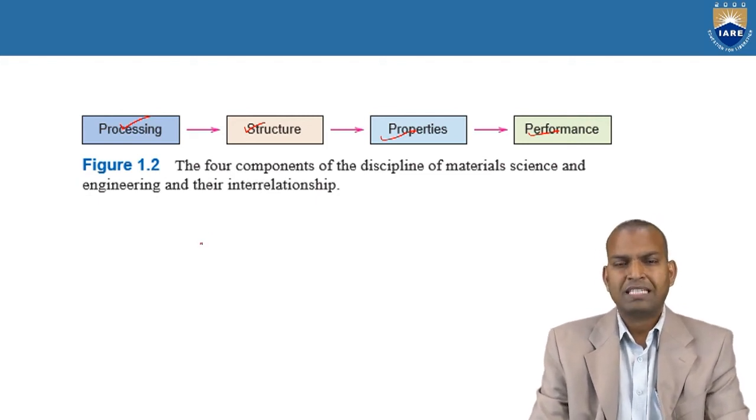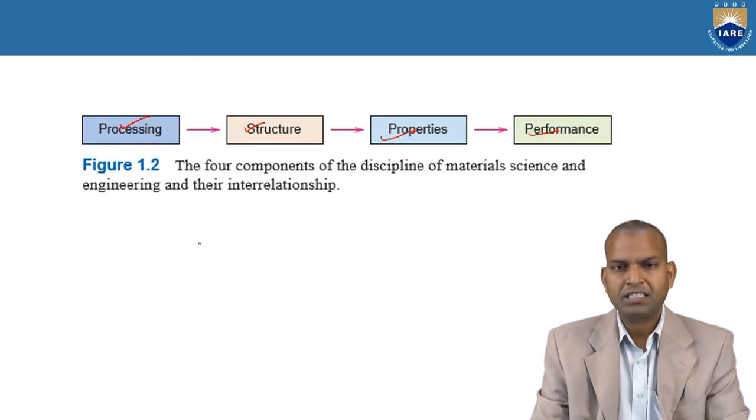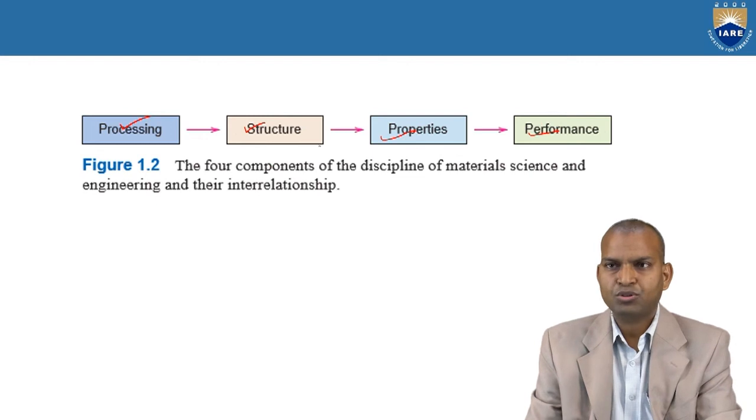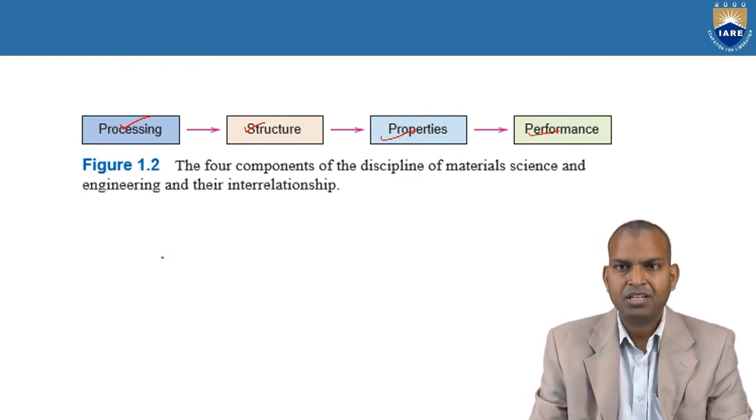If you want more tensile strength, or more compressive strength, or more ductility, or more brittleness, the way you want to optimize it, that is performance. That category also comes under the discipline of materials science and engineering.